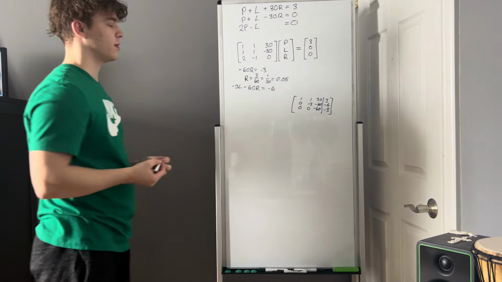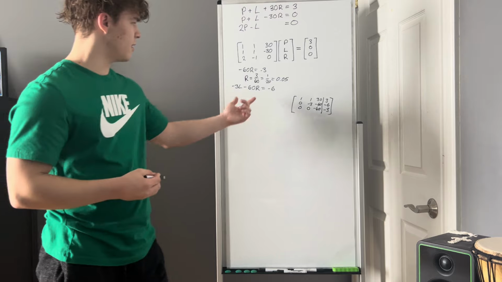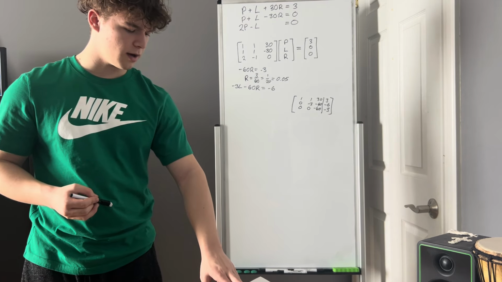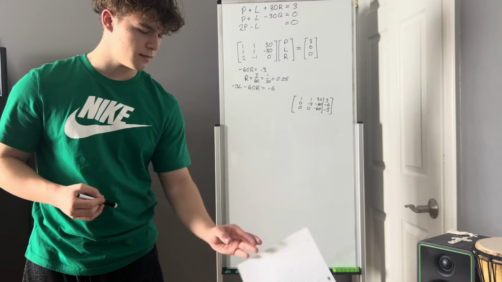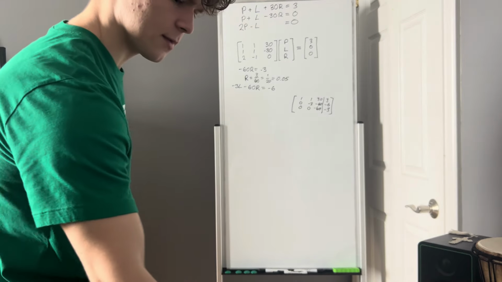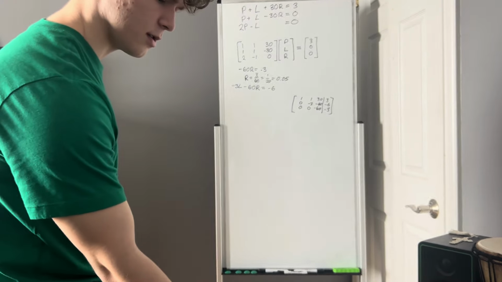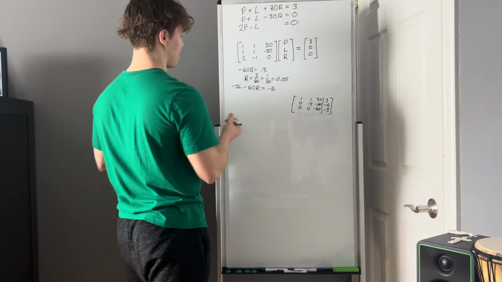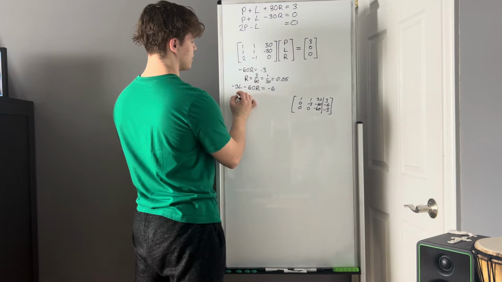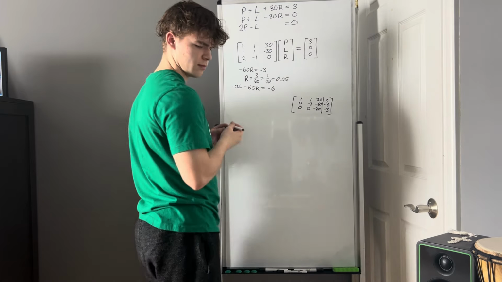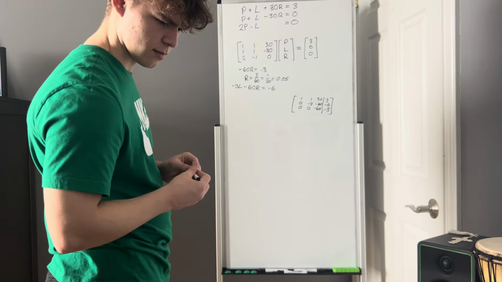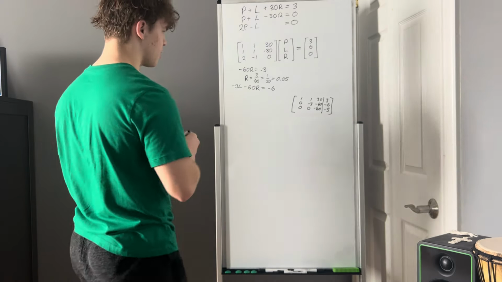R is 0.05, so this term here will actually become, what will this become? I should know this. It will become 3. So what we'll get is 3L equals 3.